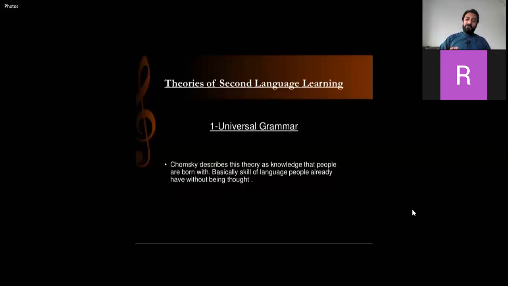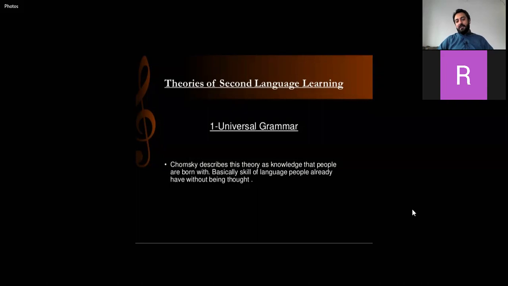Now, there are also different theories in second language learning. The first is universal grammar. I already mentioned it while talking about Noam Chomsky. Chomsky says that there is a certain set of principles in the human brain. There is a complete grammar in the human brain that is gifted to him by nature.